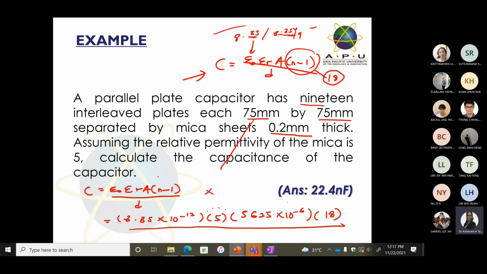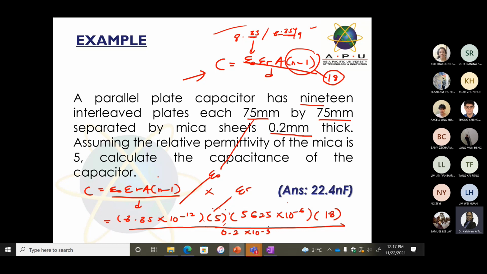Before that, let me show you how we get the 5 from the relative permittivity. This is the absolute permittivity. So the distance is 0.2, so you just substitute 0.2, that means 0.2 milli, power of minus 3.